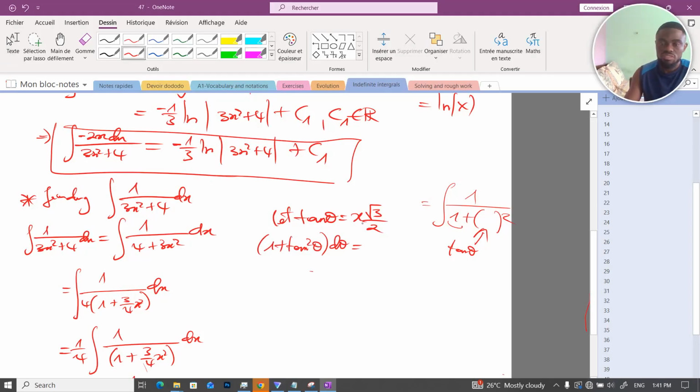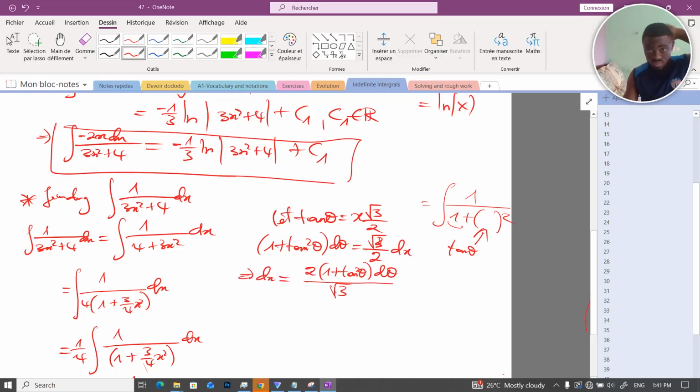When I differentiate the other side, I will have root 3 on 2 times dx. So this implies my dx will be equal to 2 into 1 plus tan squared theta d theta all over the square root of 3. Is that okay? So we already have our dx.